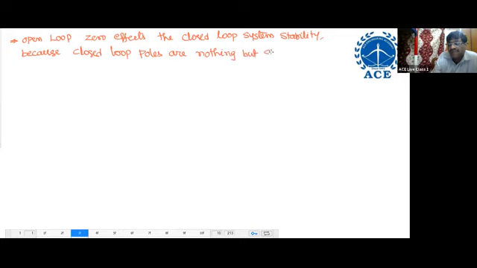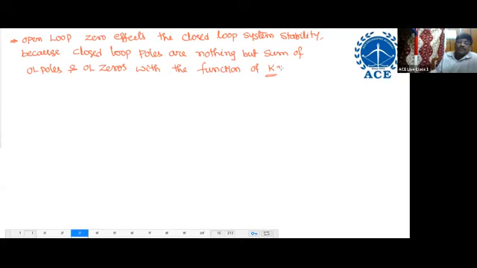sum of open loop poles and open loop zeros with the function of K. That's why there is no word of closed loop zero.